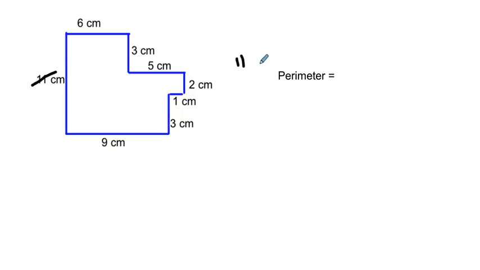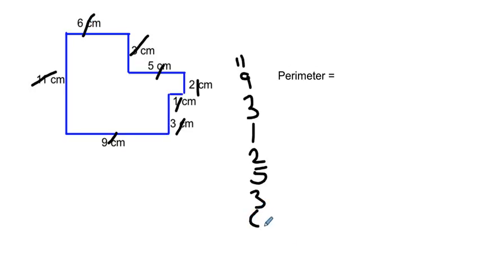So 11, then 9, 3, 1, 2, 5, 3, and then 6. And now I need to add them all up.